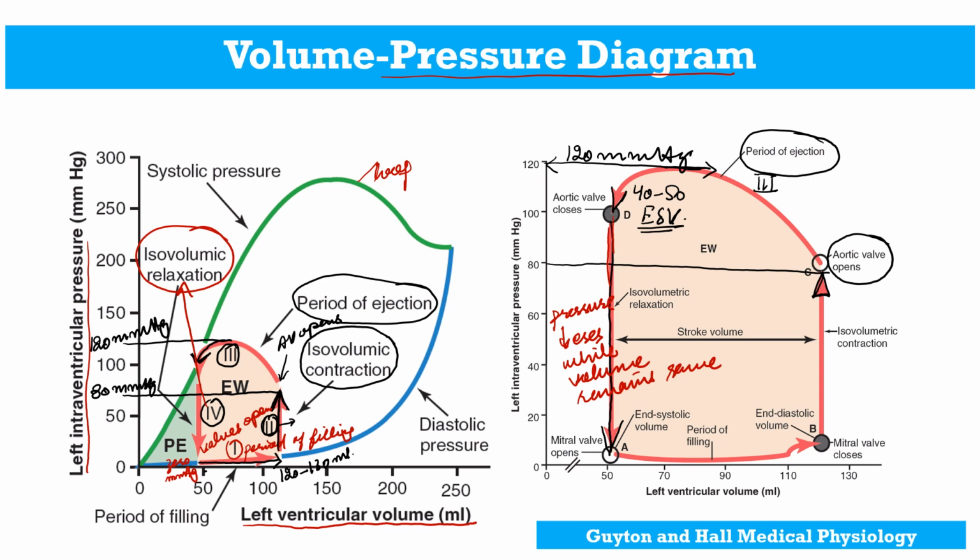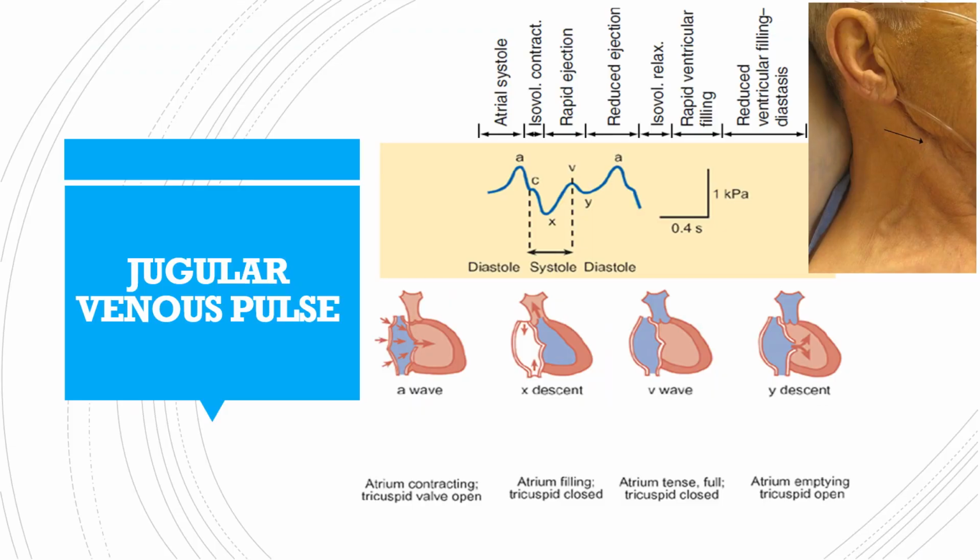So during isovolumic relaxation, the volume remains at 40 to 50 milliliters during the cardiac cycle.